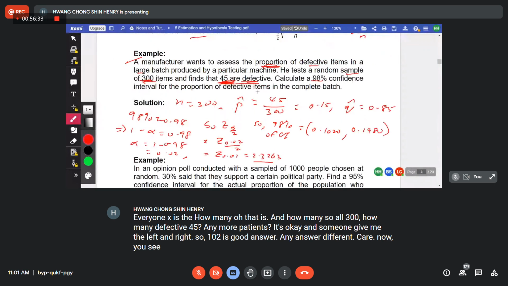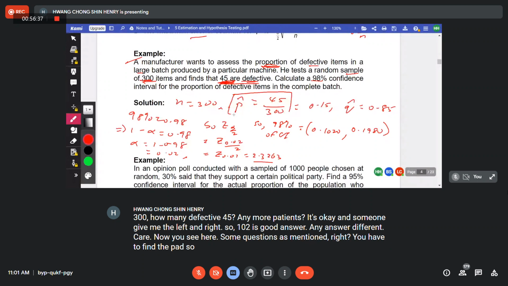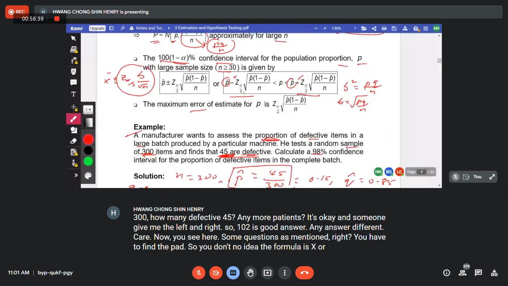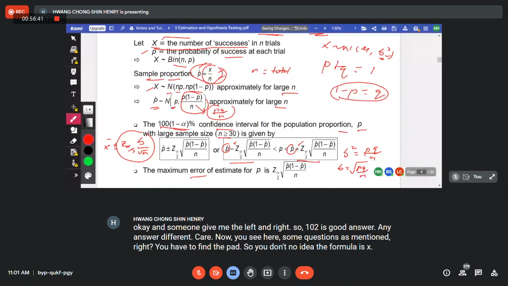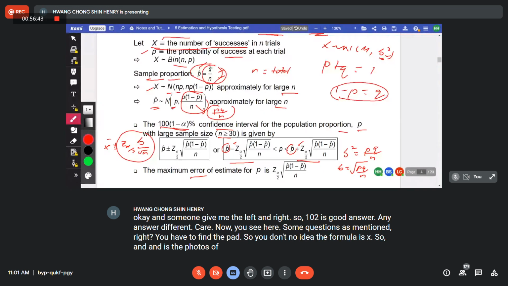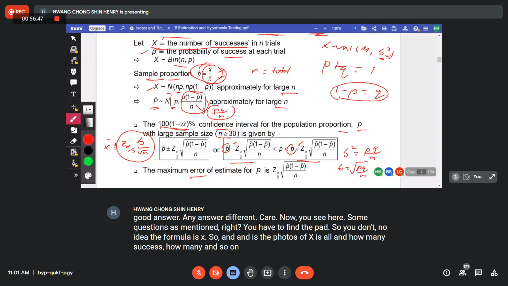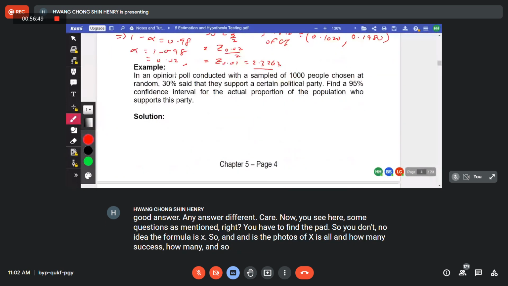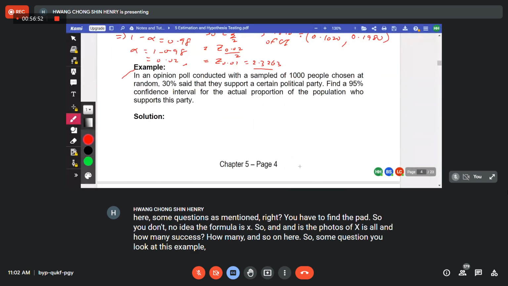Now, you see here, in some questions as mentioned very clearly, you have to find the p hat. You all know already, the formula is x over n. N is the total sample, x is out of the n, how many successes, how many defective, and so on. But in some questions, if you are lucky, the p hat is given.